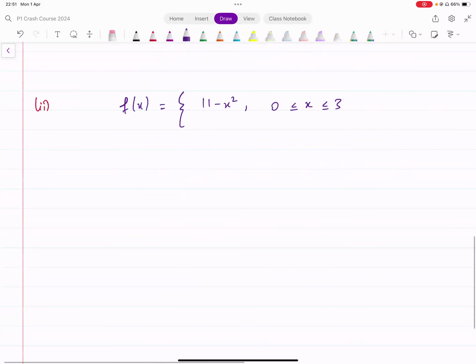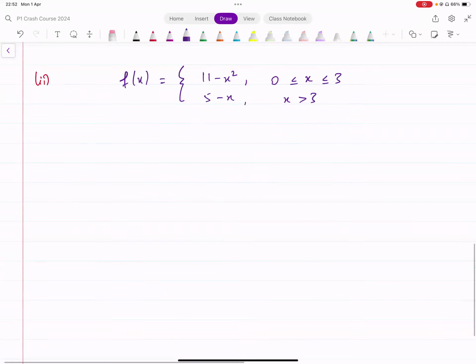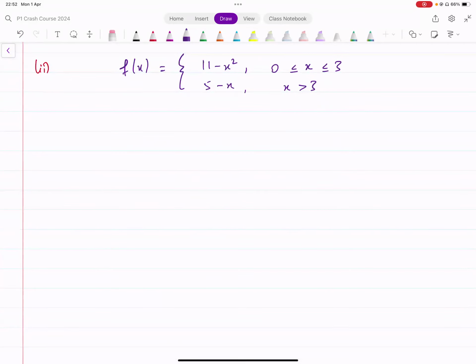And then 5 minus x for x greater than 3. We need to define f inverse of x in a similar way. Now, since there are two parts of this function, we would need to find the inverse of both of those parts separately, because one is a curve and the other is a straight line. One is a quadratic curve and the other is a straight line.